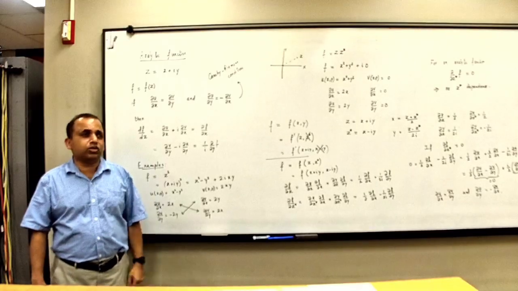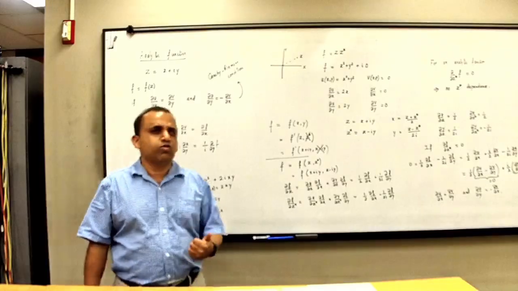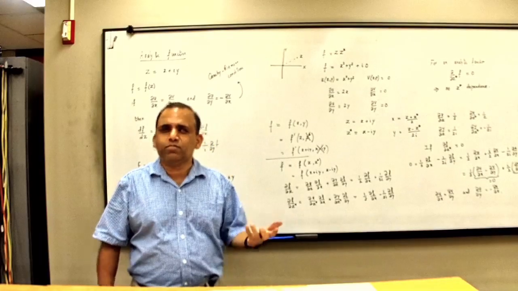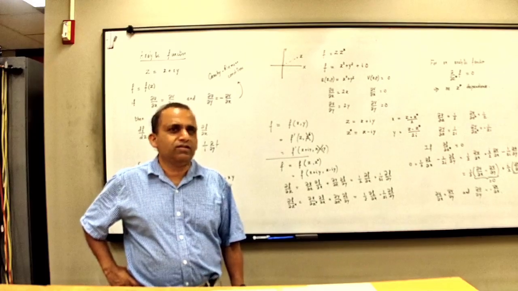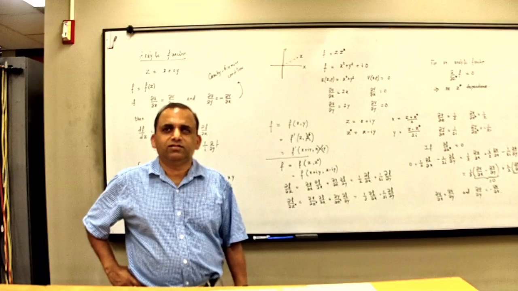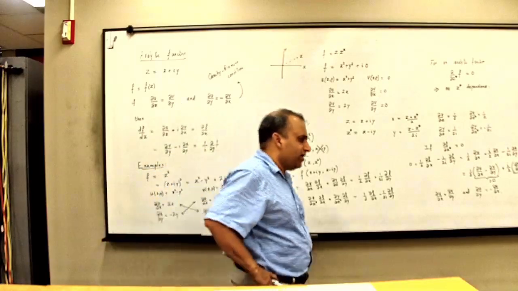If you're familiar with electrostatics, think of electrostatics in 2 dimensions. What is the best way to think of electrostatics in 2 dimensions? Maybe like coordinates, right?